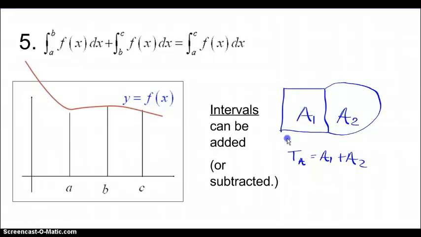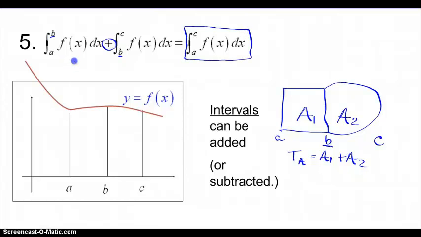Since we would start here at a and stop at b for area 1, and start at b and stop over here at c for area 2, it makes sense that we can break our integrals up over any interior value on an interval that we want to. It is true that if I find the area from a up to b and add that to the area from b up to c, it's going to give me the total area.